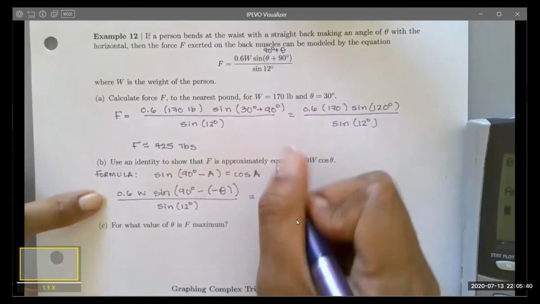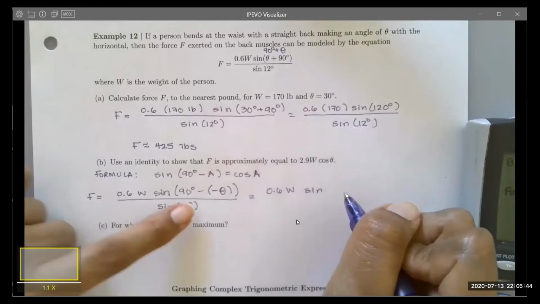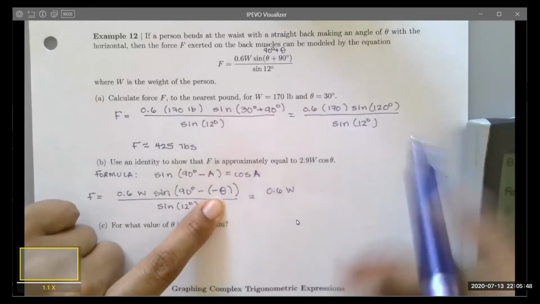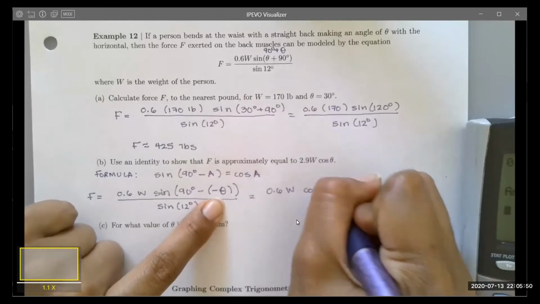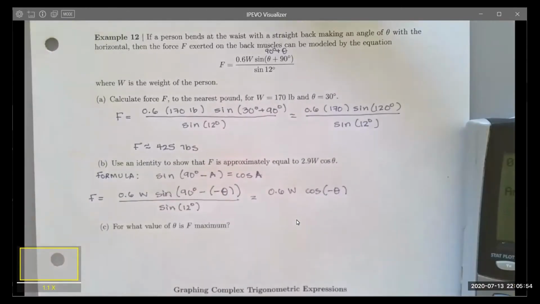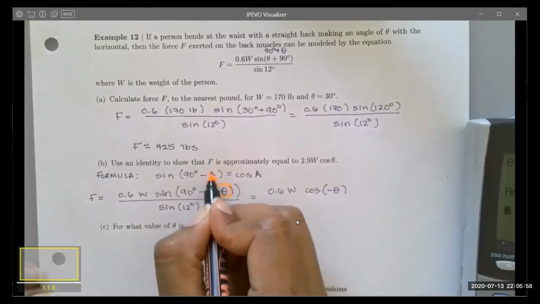So in this case, 0.6 W, the sine of 90 minus the angle is going to become cosine of the angle, so cosine of negative theta, because A corresponds to this negative theta.